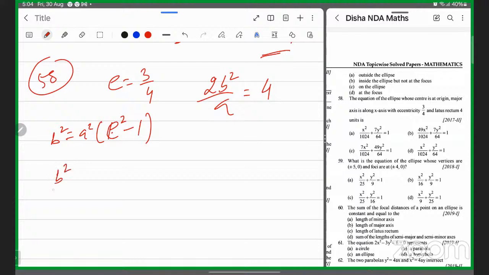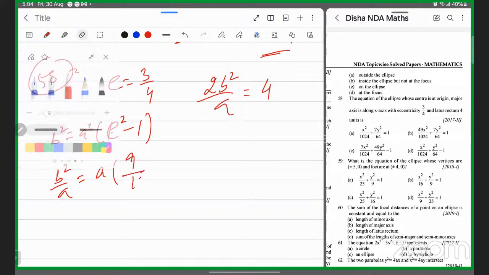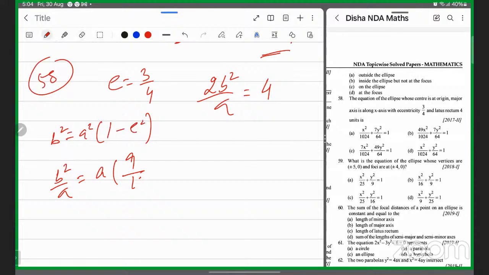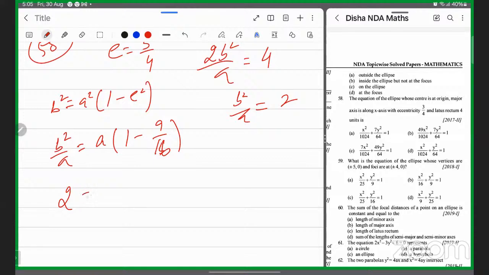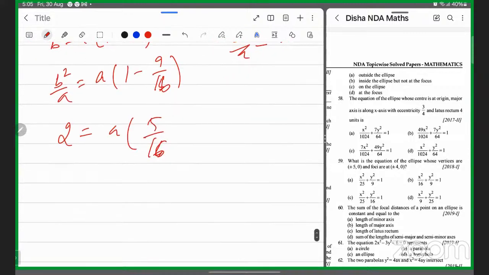Sorry, in an ellipse I have 1 minus e square. So b square upon a equals 4, with e square equal to 9/16. So b square equals a square into 1 minus 9/16. b square by a square, you will get this. b square equals a square into 7/16. Keeping one a and dividing by a, you will get 2 on this side equal to a times 7/16. Now finally a will be 32/7.